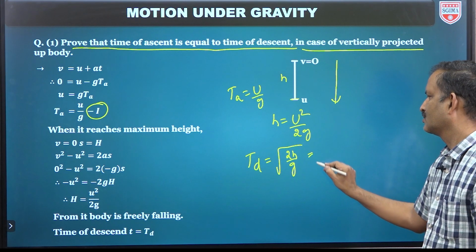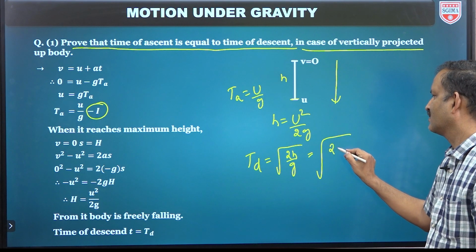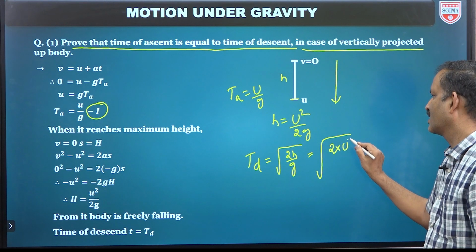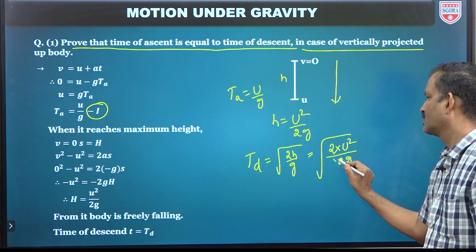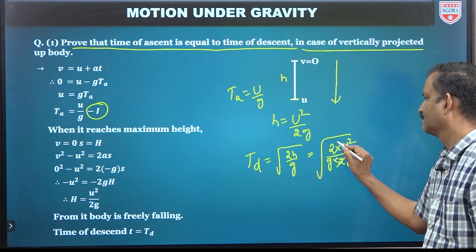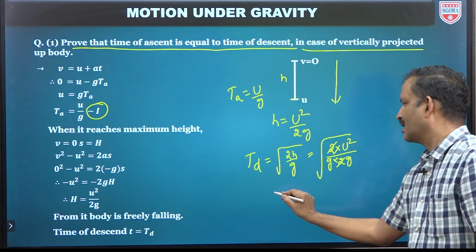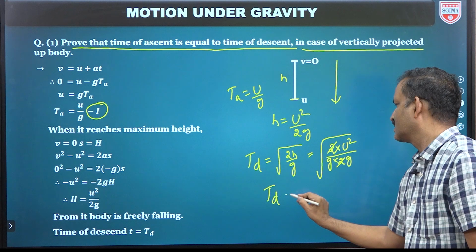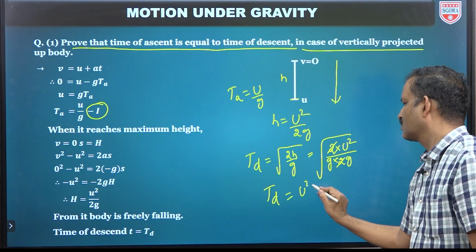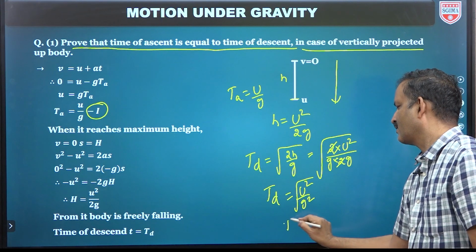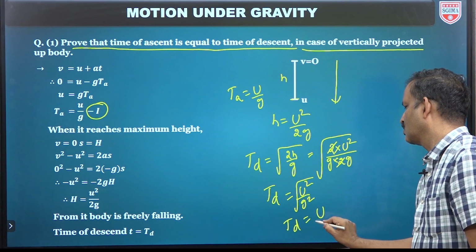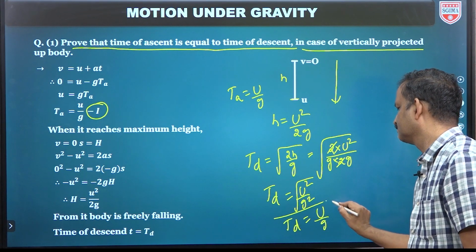That is equal to root of 2h, the value is u square by 2g, into one more g here. So time of descent is equal to u square by g square under root. So time of descent is equal to u by g.